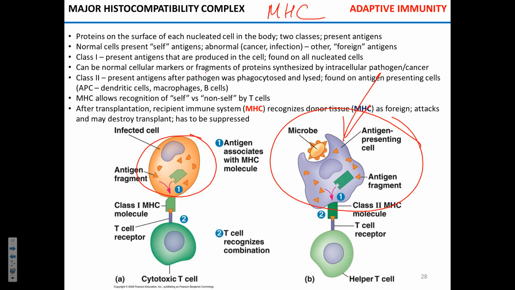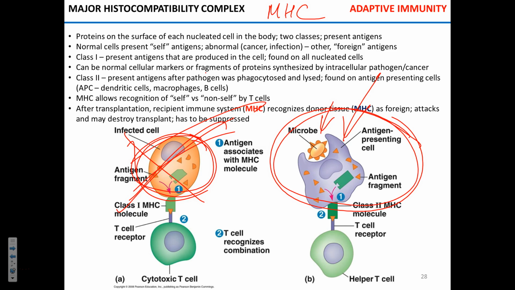Antigen-presenting cell shown on the right here. This will be the infected cell. We'll talk about the picture on the left later. Don't pay attention to the left one. This one. Antigen-presenting cell, like a dendritic cell or macrophage, eats up the pathogen. So I'm going to be the antigen-presenting cell, right?